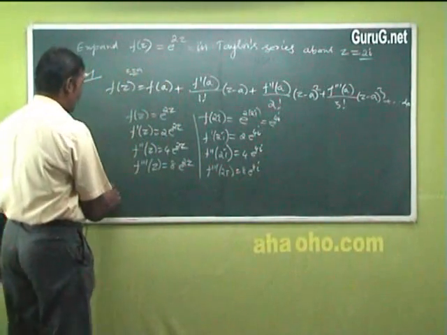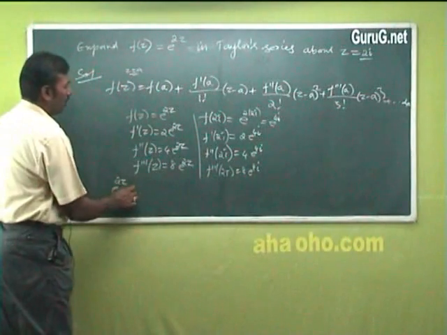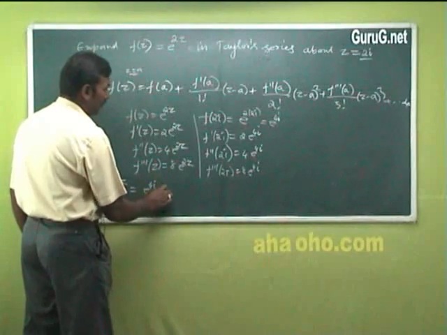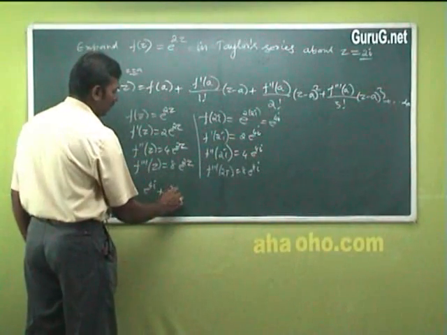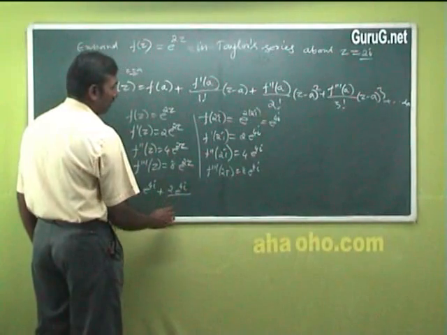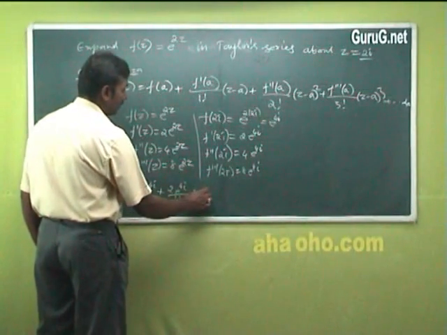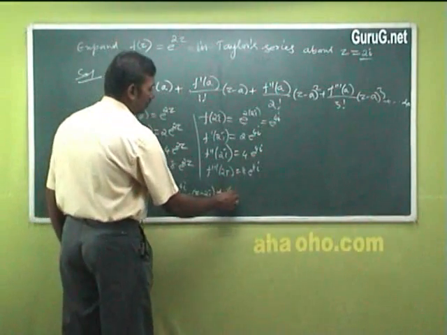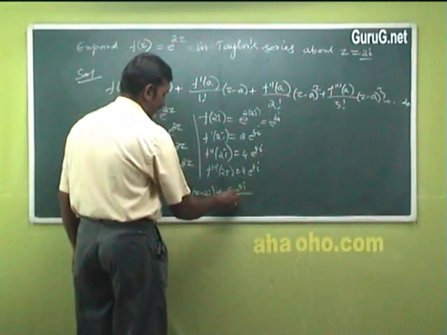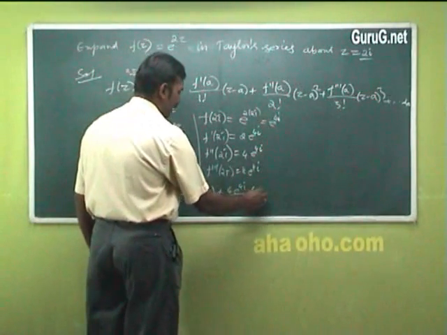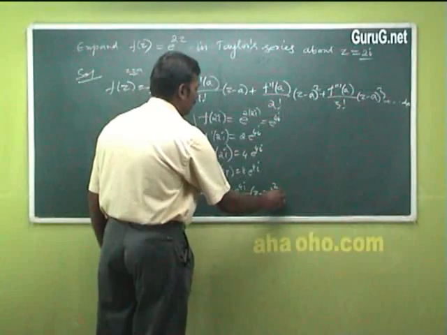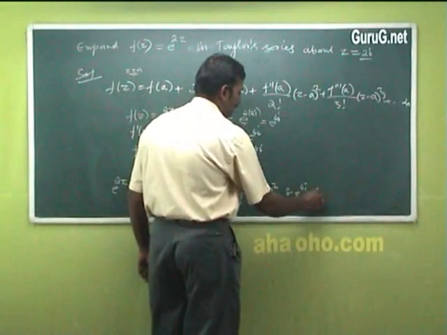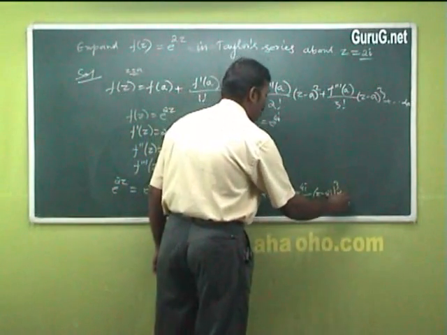You substitute in this formula, so e power 2z equal to f of a, that is e power 4i, plus f dash of a, that is 2 into e power 4i by 1 factorial into z minus 2i, plus 4 into e power 4i by 2 factorial into z minus 2i the whole square, plus 8 into e power 4i by 3 factorial into z minus 2i the whole cube, plus etc.